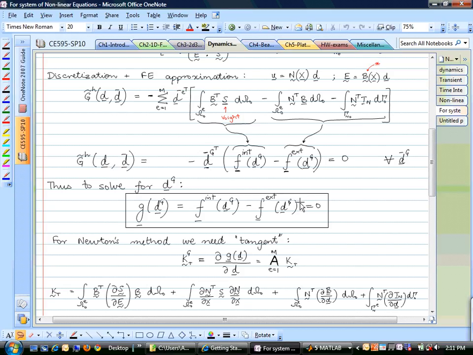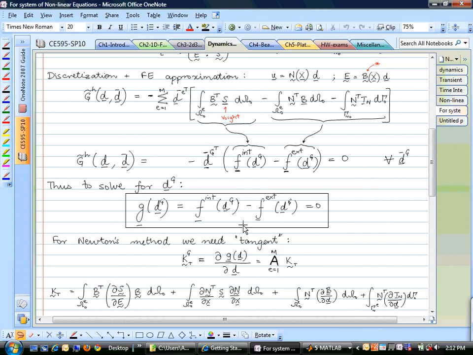This is something that we have done before for the linear problem. What was F internal when we were doing the linear problems? K times D, K times D minus F. That was for the linear problems. For nonlinear problems, internal force is a function of displacement. External force could, in general, also be a function of displacement.